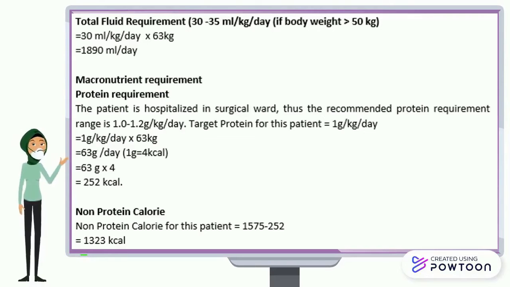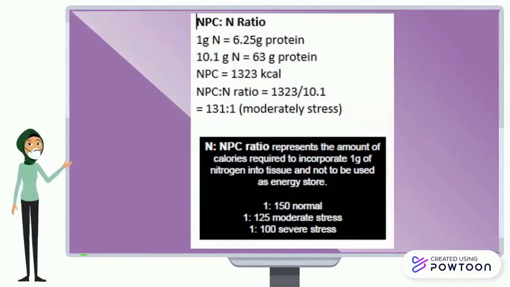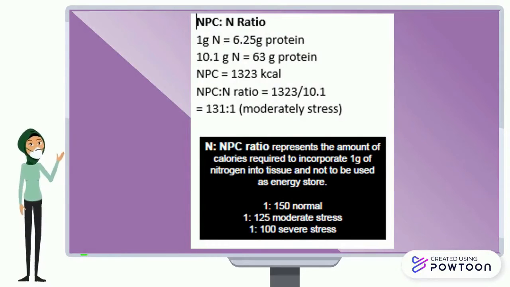Therefore, the value we get is 1323 kilocalories. Next, in calculating the NPC:N ratio, we know that 1 gram of nitrogen equals 6.25 grams of protein. Therefore, 10.1 grams of nitrogen equals 63 grams of protein.